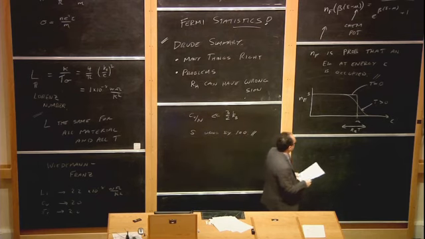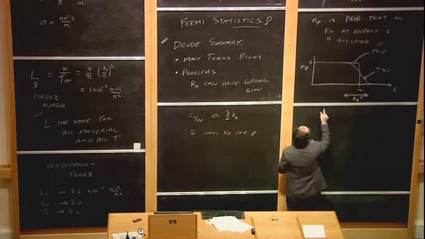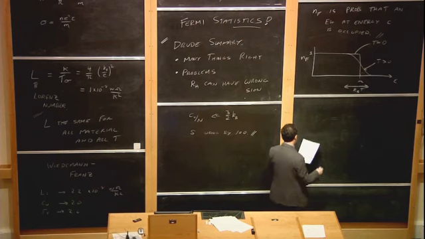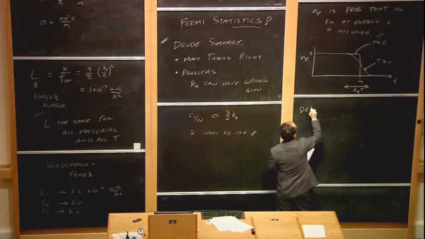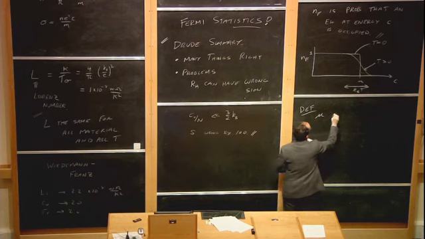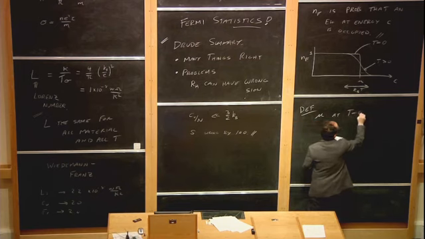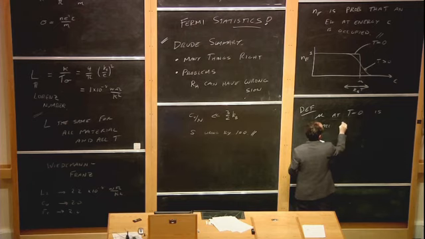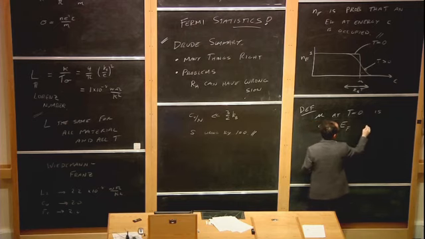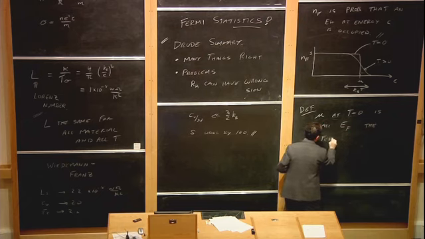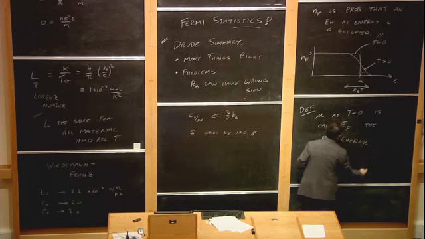Okay, so now it's useful to have a couple of definitions that we're going to use. Definition: the chemical potential mu at T equals 0 is called the Fermi energy, E_F. You'll discover that a lot of things are named after Mr. Fermi.